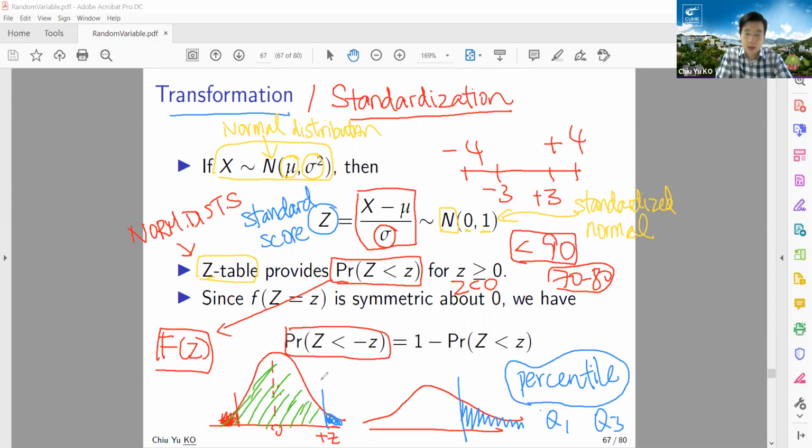The complement of the green area is the blue area, and one minus the green is the blue, and the blue will be the same as the red. Is that okay for this one? Anyway, may I have your confirmation that you are okay with that?